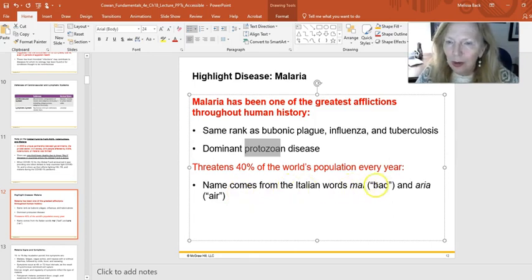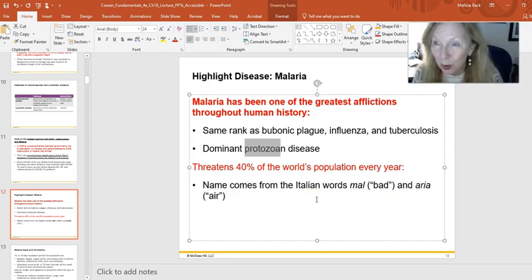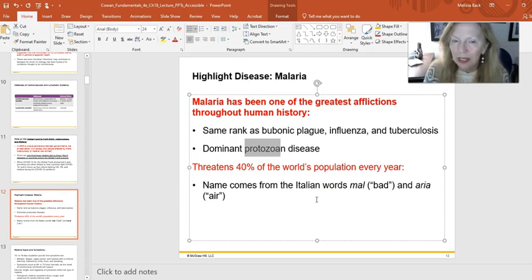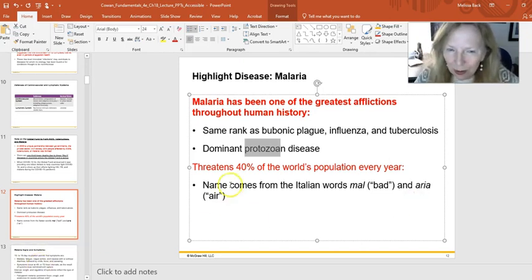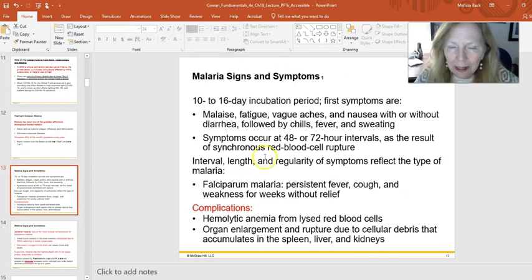It was called that because, way back before we understood that it was a protozoa causing it, people that were very much affected by the deaths and the devastation that this protozoa can cause knew it was coming from something in the air, so they called it bad air, which is literally what malaria means.